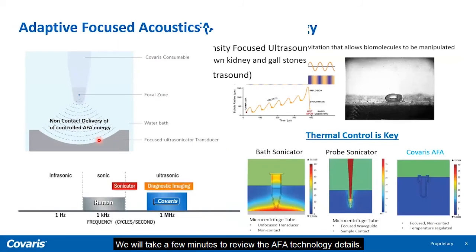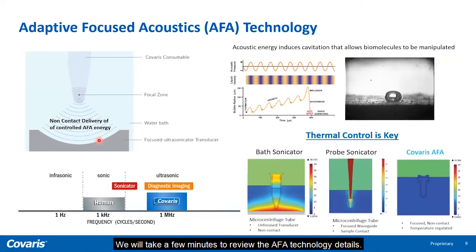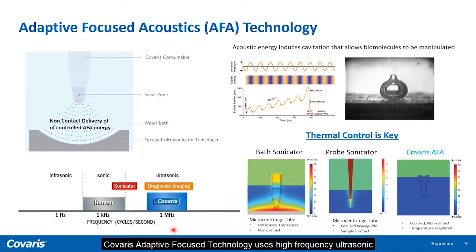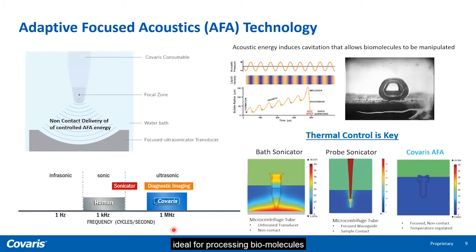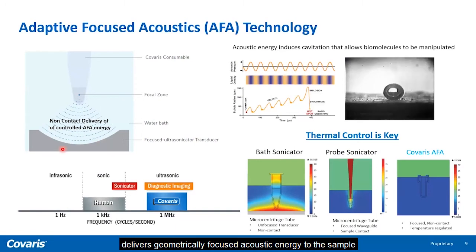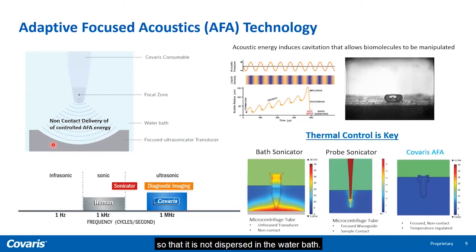We will take a few minutes to review the AFA technology details. Covaris Adaptive Focused Acoustics technology uses high-frequency ultrasonic acoustic energy of shorter wavelengths, ideal for processing biomolecules. The focused ultrasonic transducer delivers geometrically focused acoustic energy to the sample so that it is not dispersed in the water bath.